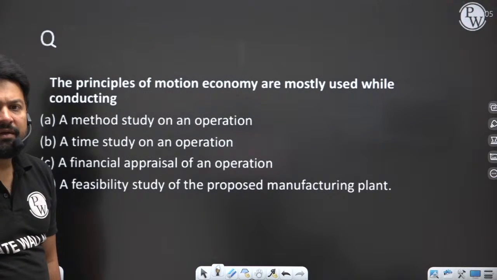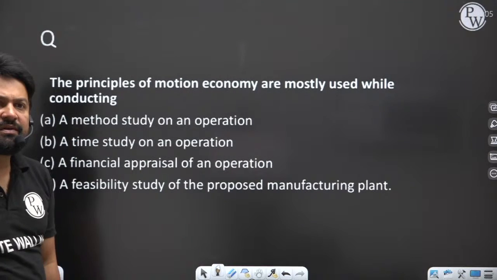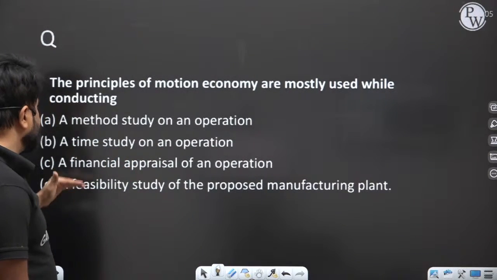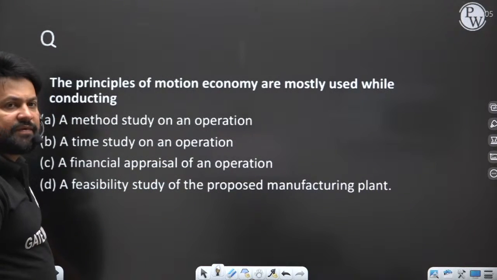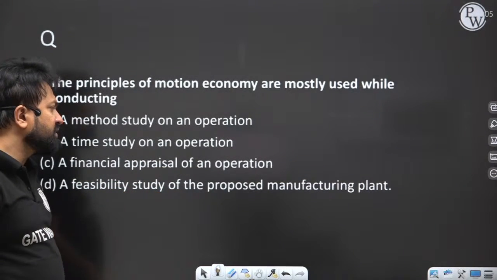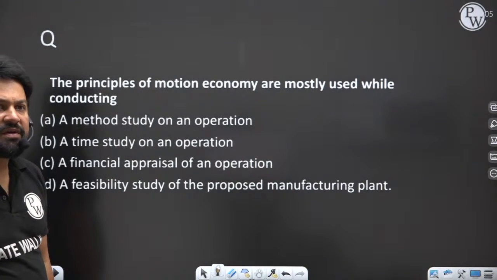Option A, a method study on an operation; B, a time study on an operation; C, a financial appraisal of an operation; D, a feasibility study of the proposed manufacturing plant. Which will be the correct answer here?